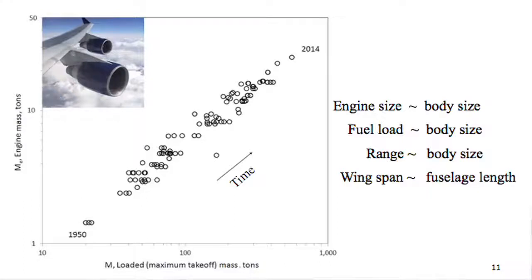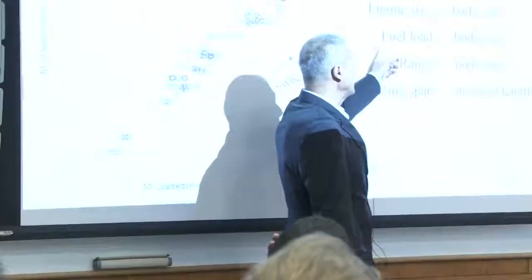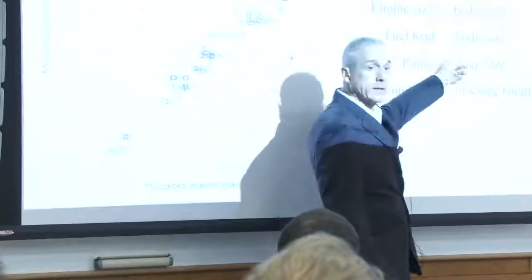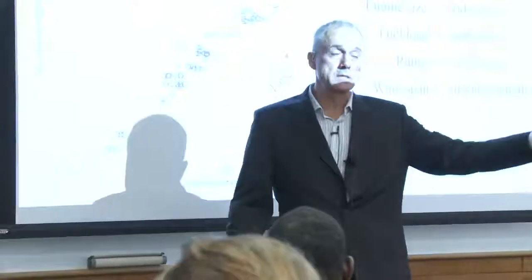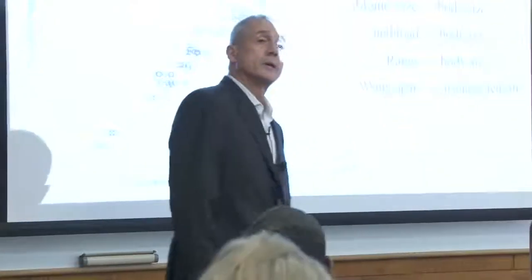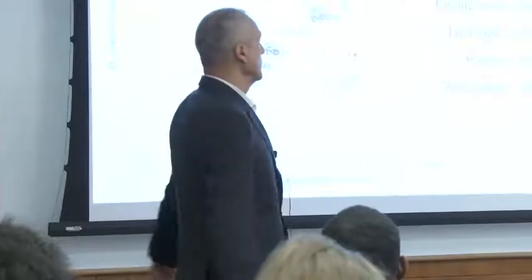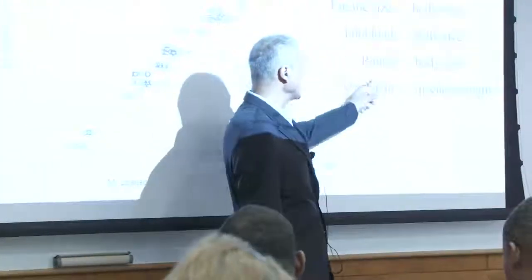These are designers, actually armies of designers here, USSR and elsewhere, not talking to each other. But through hard work, they discover the same animal over and over again. Not only the proportionality between engine and body size, but you also predict fuel load should be about 1/3 of body size. The range, the distance traveled because of one fuel load, is proportional almost with the body size.